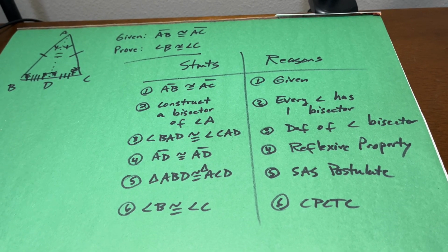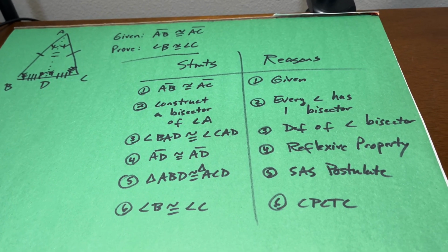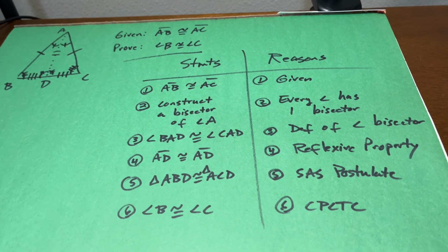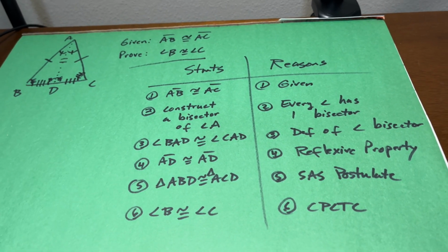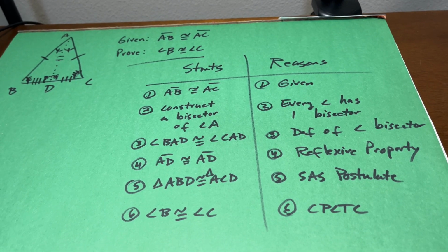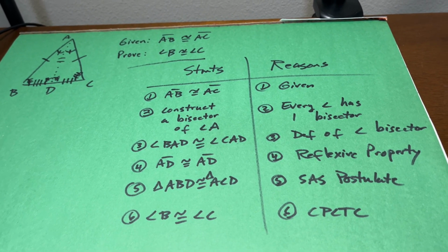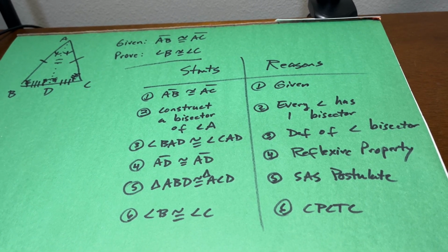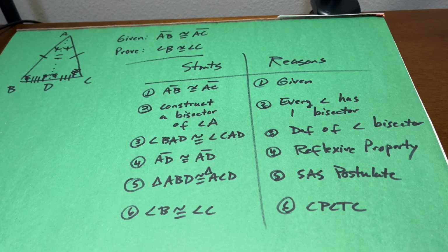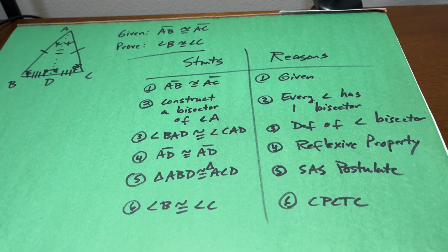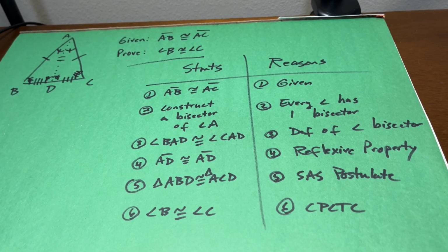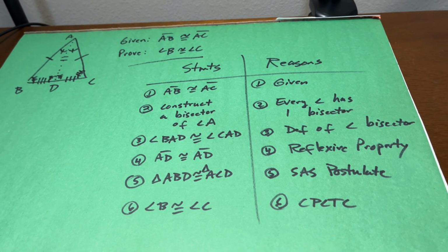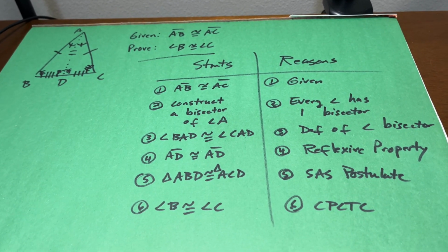So the very first thing you need to do when you're trying to prove is know the definitions, the postulates, the theorems, all those things. You need to know those very, very well. If you're not making use of 3x5 index cards and memorizing those and flashcarding yourself every day a couple times, you're just going to be mediocre at best when it comes to geometric proofs. You might as well just go ahead and settle that. You're not going to be great at it. You've really got to know the definitions well.